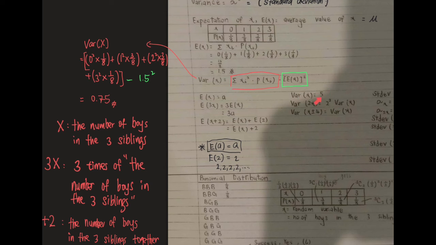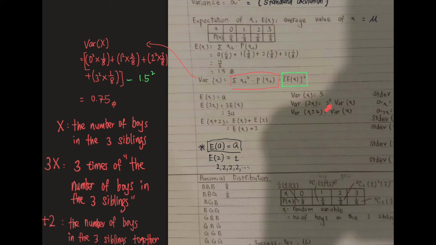In general, if variance of x is 5, when x becomes 2x, you will see in the question double of something or 2 times of something, then what to do is take the 2 out and square it.